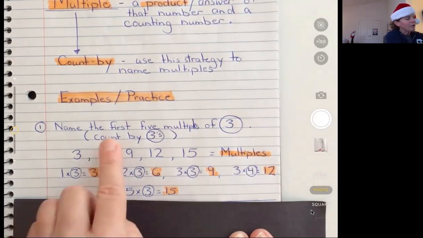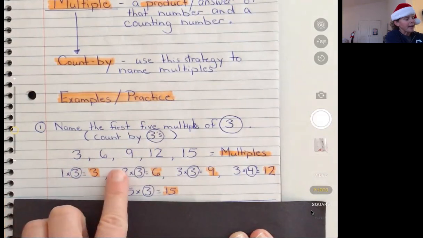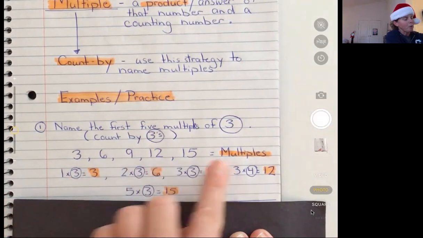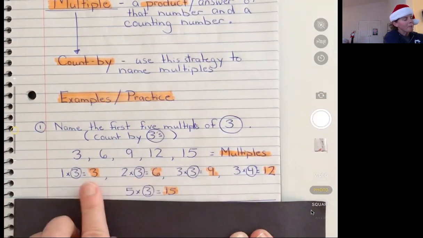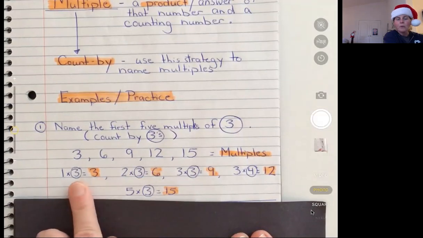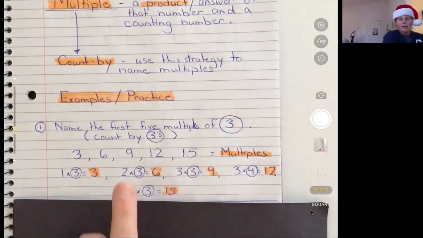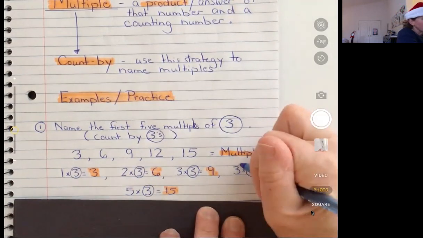When I was asked to do the first 5, that was my first, second, third, fourth, and fifth. So those were my 5 times. The multiples are the answers, and I just counted by threes. Do you know what I just realized? I made a mistake here, didn't I? I should have circled this one.